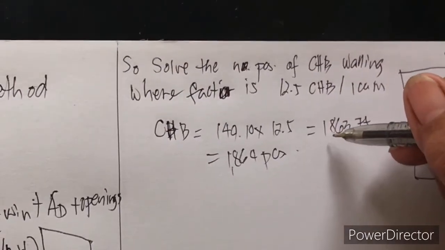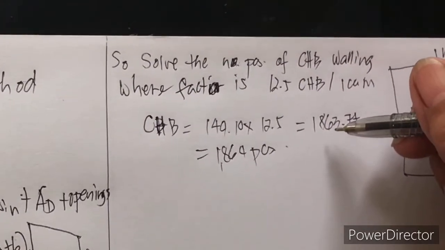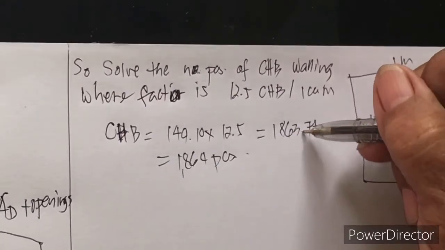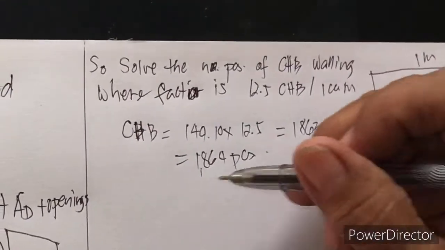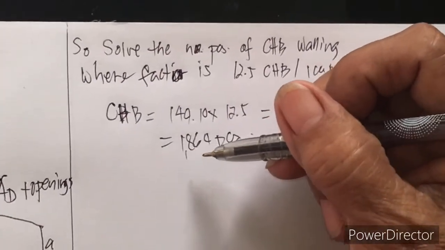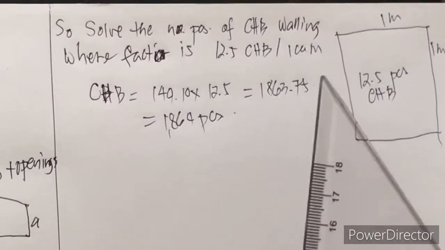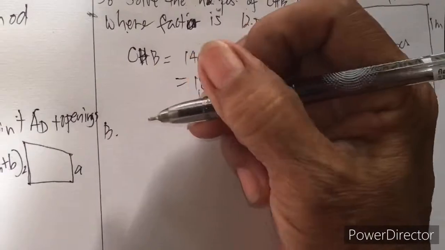So CHB equals 1,863.75 pieces, or equal to 1,864.